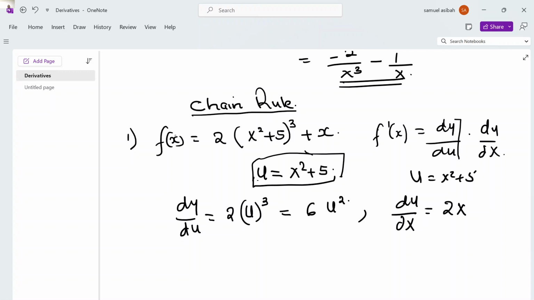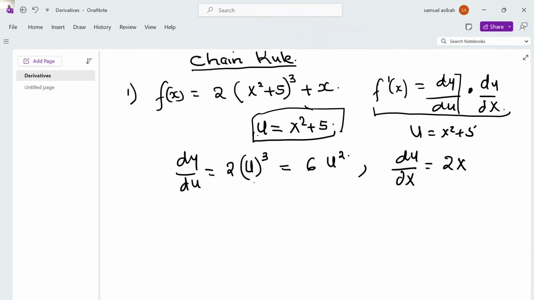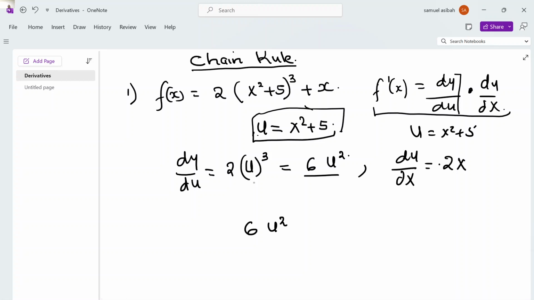So what do we do then with the chain rule? After getting the two parts, you multiply them. So we had dy over du, which is here, 6u squared, then multiply by du over dx, which is 2x.